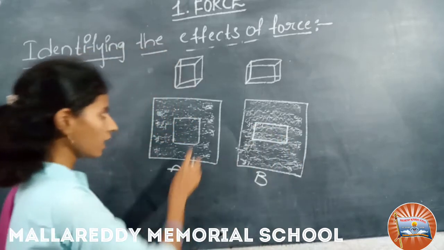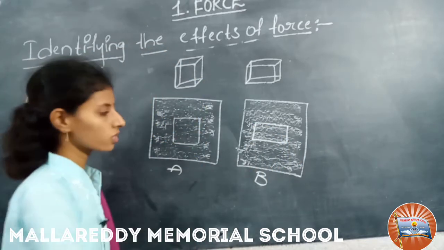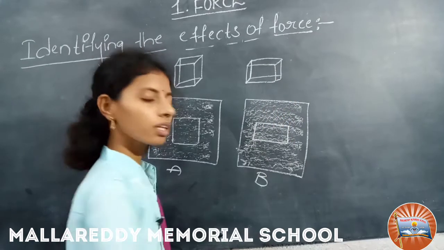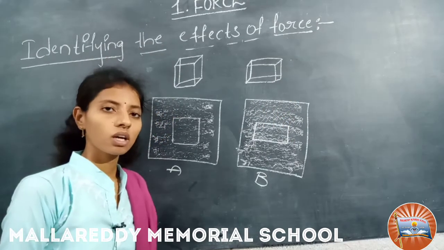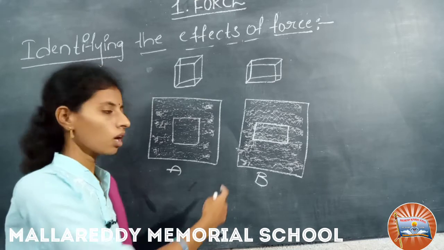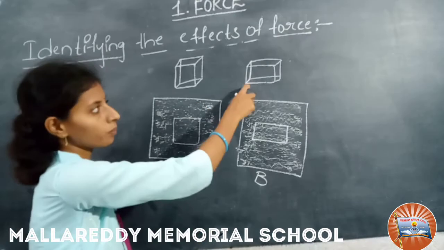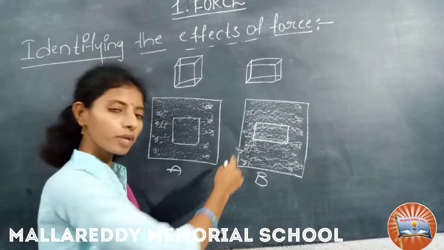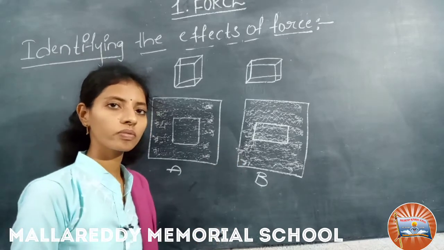In tray A we are keeping it in vertical direction, in tray B in horizontal direction. Now what do you notice here? Do both bricks sink to the same depth into the sand?